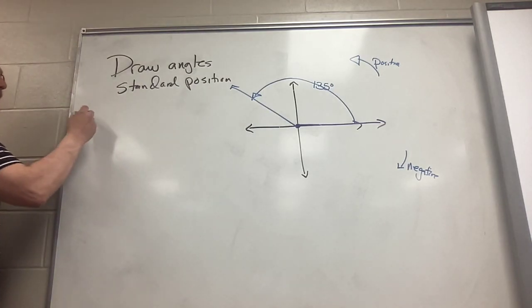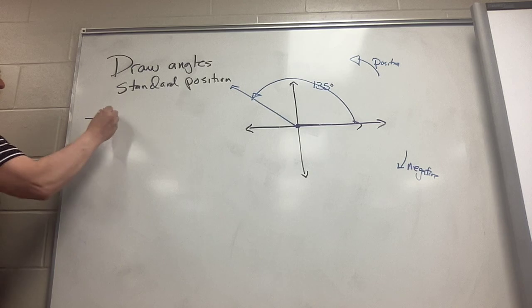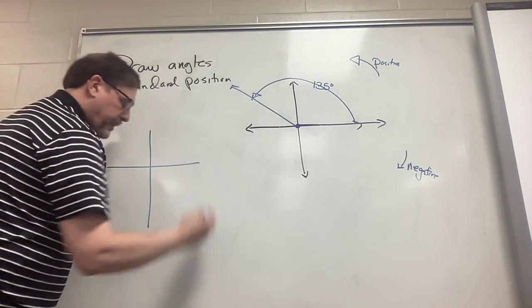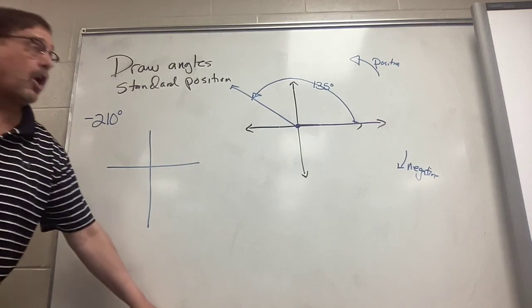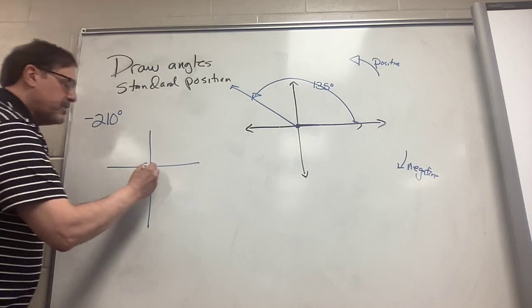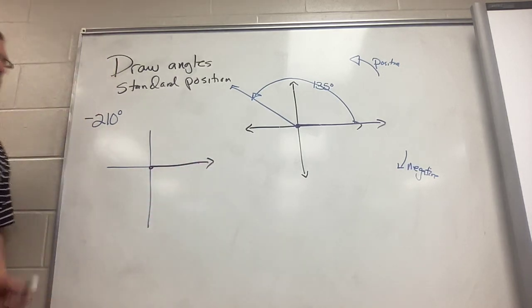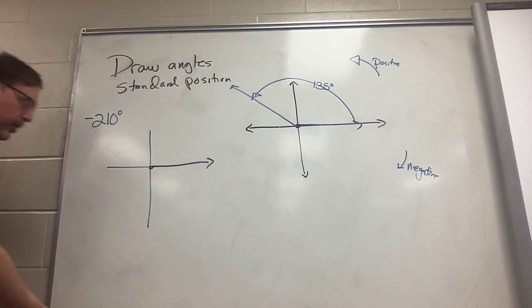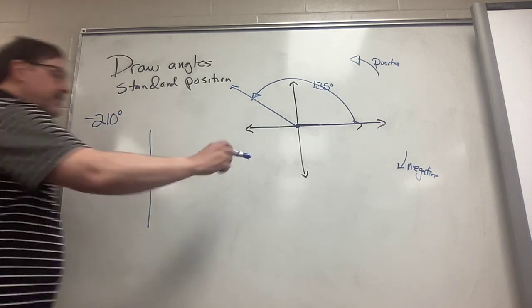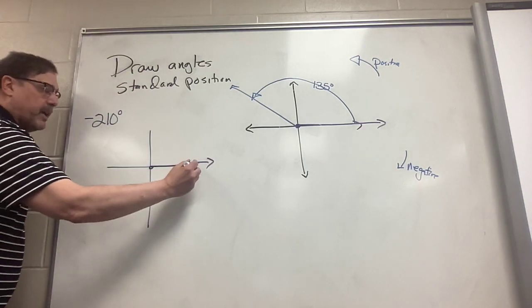I'm going to go and draw a negative 210 degree angle. All right. The word is always. We'll start at 0, 0 and always start out this way. If you would please think of a snowboarder, always starts going down the hill. We always start going this way. Negative, as I mentioned, it's going to start going this way.